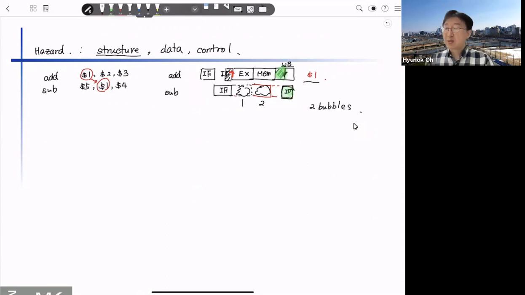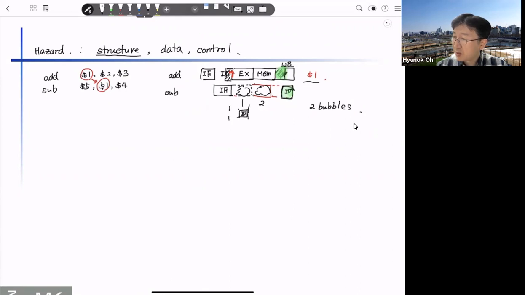Okay. So because of this data dependence, we have to wait 2 cycles. So it looks like this, right? If it is pipelining without bubbles, then the instruction decode should occur here.